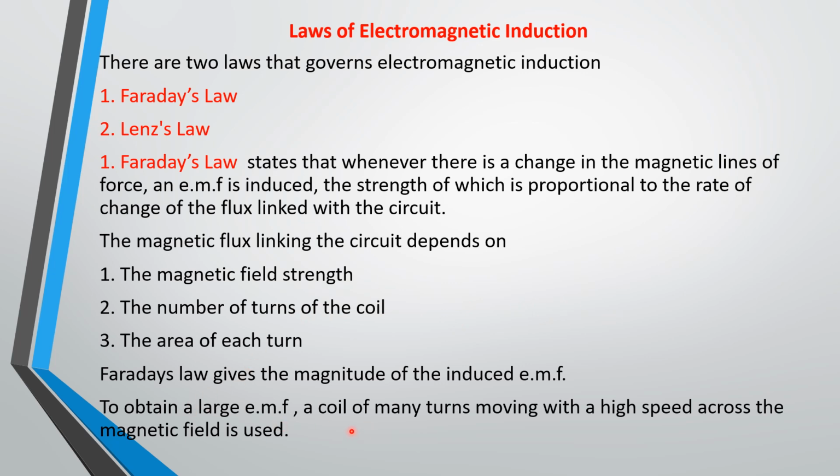So to obtain a large EMF, a coil of many turns moving with high speed across the magnetic field is what is used. Alright, so please, I hope you are following. Go through this lecture gradually. You will understand it. What you need to do is just try to picture the electric motor. If you can understand the electric motor, how it works, you begin to translate that knowledge upwards up to this point.